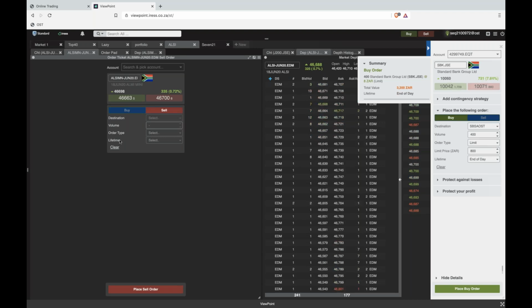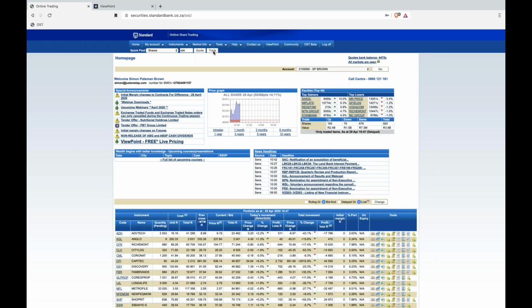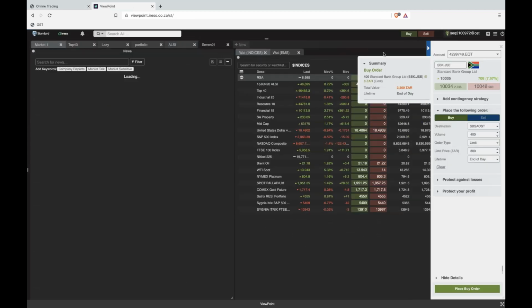If it's in your portfolio, to buy more or exit, you hit the little dollar note icon. Otherwise, either from the top icon up here, the shares, you hit the trade button, or if you're on the quote page, you hit the relevant trade button, and you will be good to go. Let's check, there are some questions coming through.